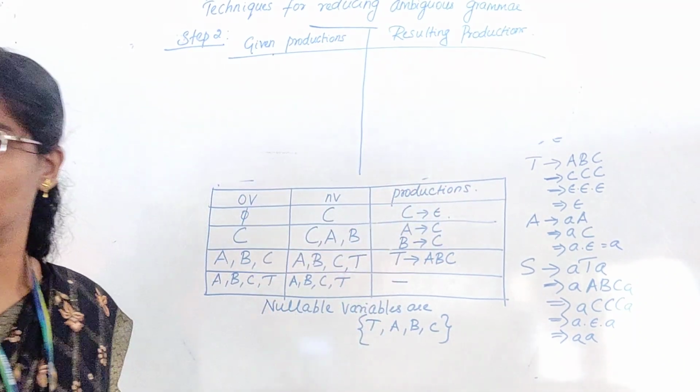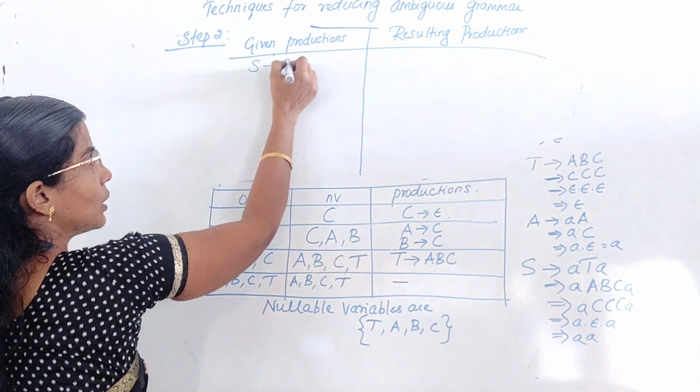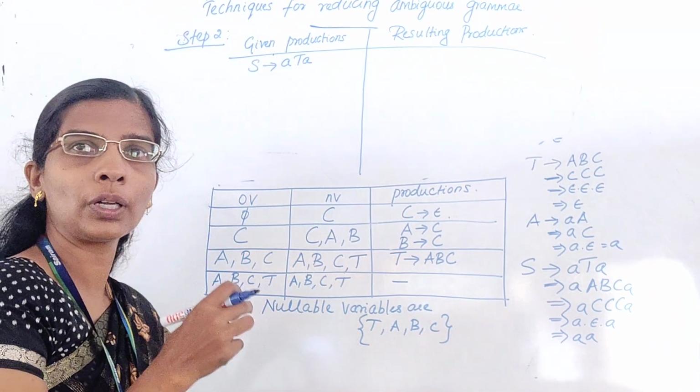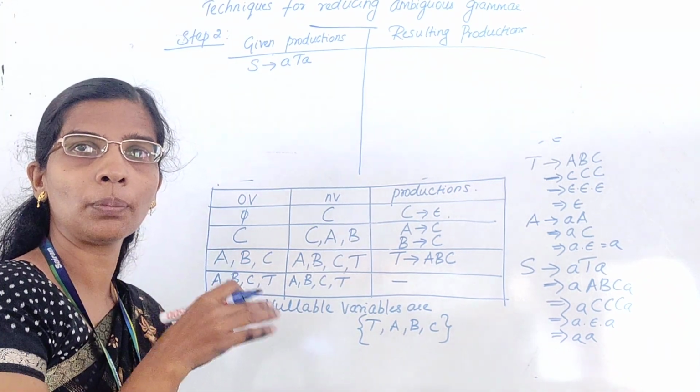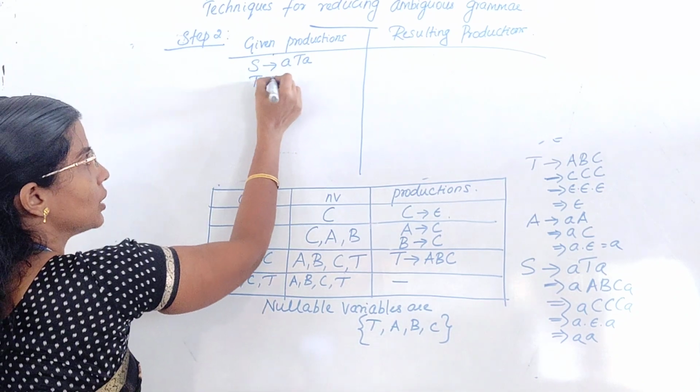So what are the given productions? S tends to, I have rubbed the question. What are the productions? It is given in your question. All the productions you have to write. So I will write all the productions.